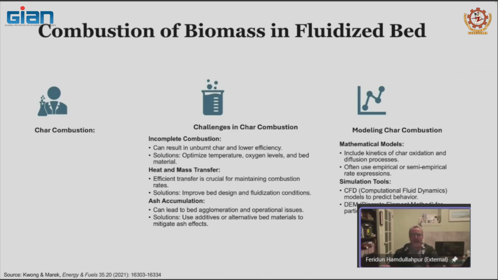I hope you had a very basic idea about the process, the operation, and what should be considered for a design. There is no way that with the information I was able to give you, you can go and design a fluidized bed combustor, but at least you know where to begin.